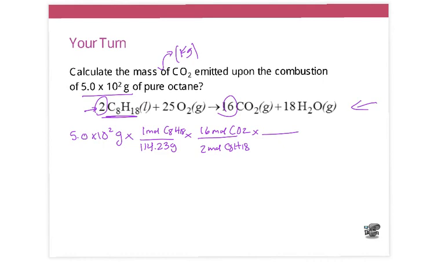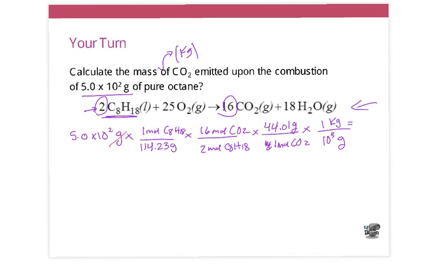But before we can go to kilograms, we have to use our formula mass, and our formula mass for carbon dioxide is for every 1 mole of carbon dioxide, there's 44.01 grams. Now we take it one more step and we convert the grams into kilograms. For every 1,000 grams, or 10 to the third grams, there is 1 kilogram.